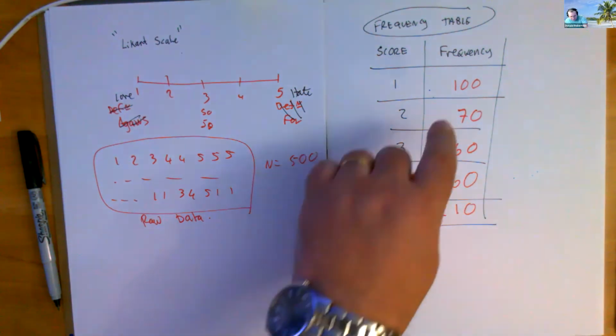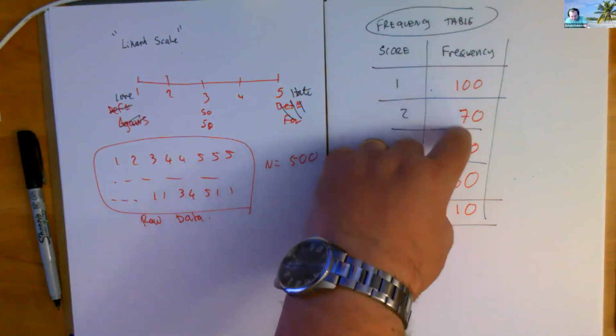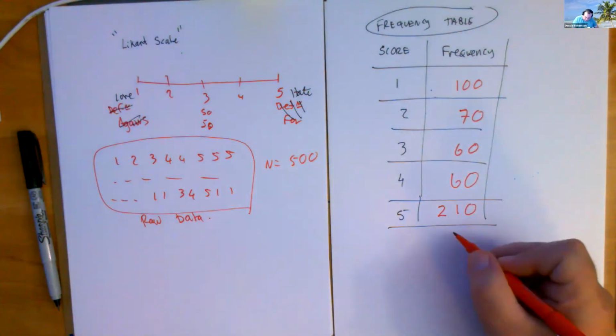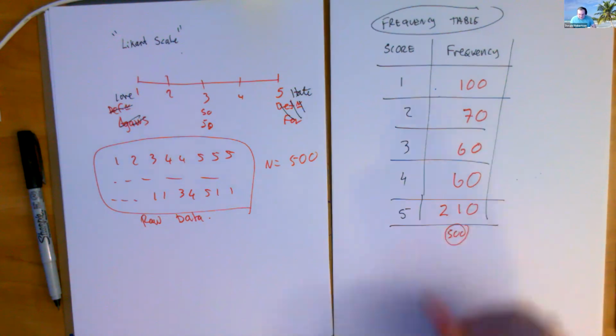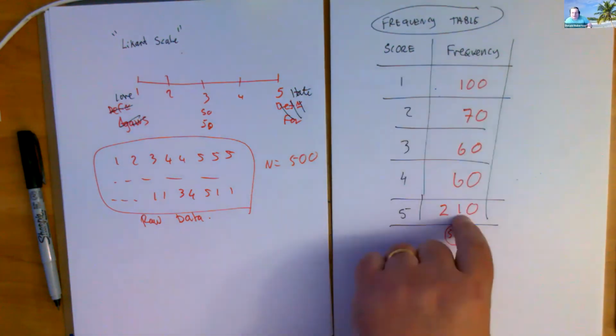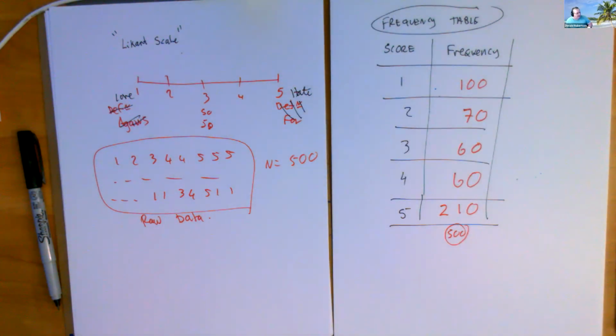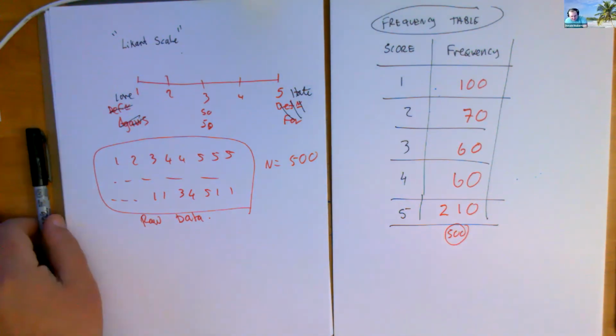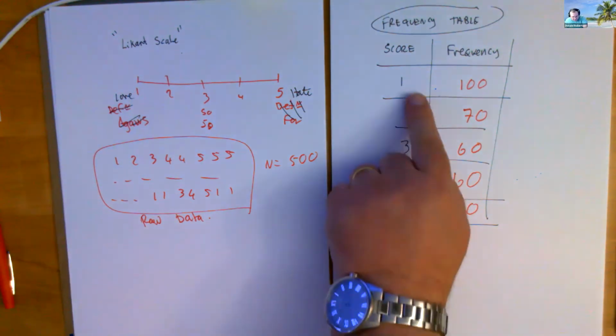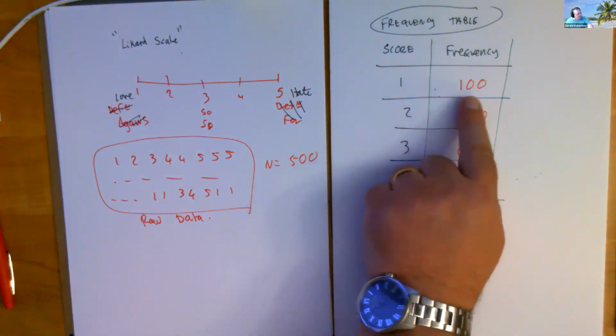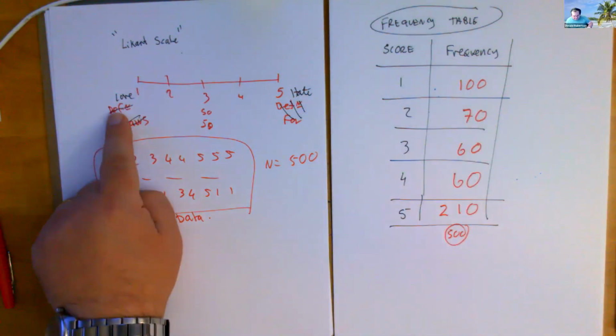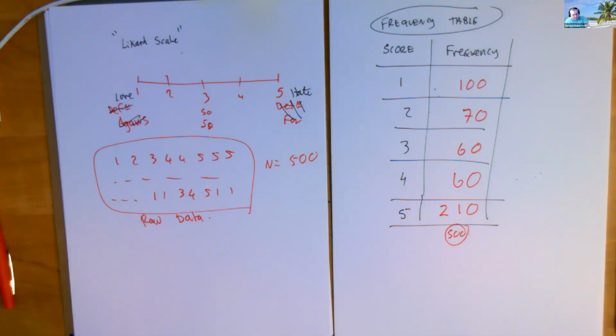Let's check. 2, 3, 4. Right, I think that's 500. It better be. Now, when you see this, can you then at least get a better idea of what kind of responses that people gave? 100 people who work for me love the company. That's not such a good number.